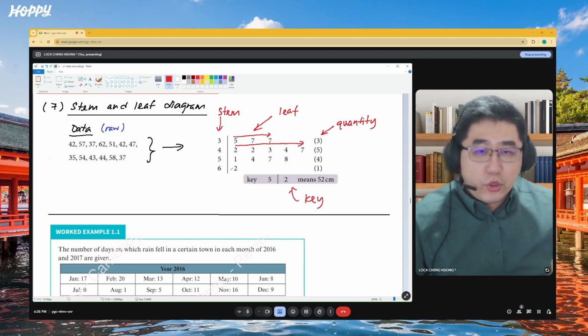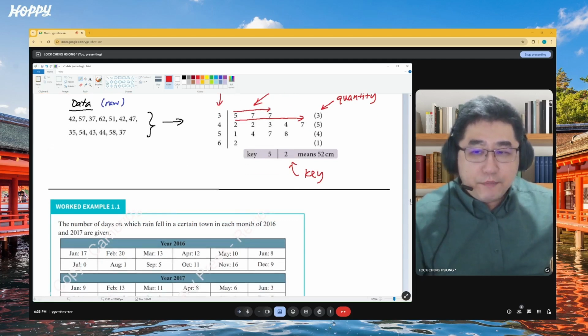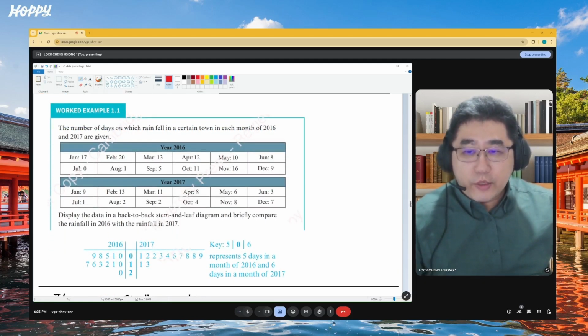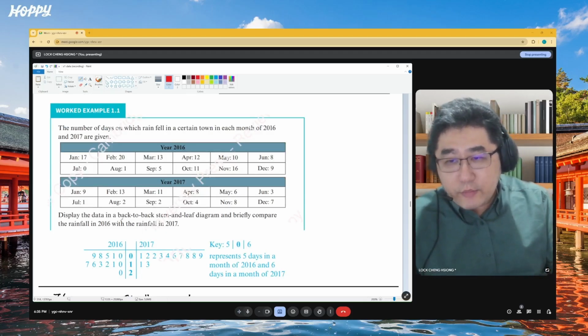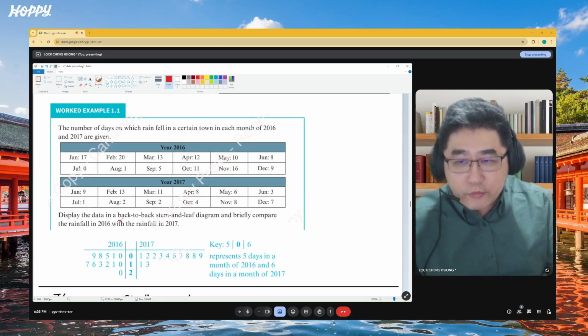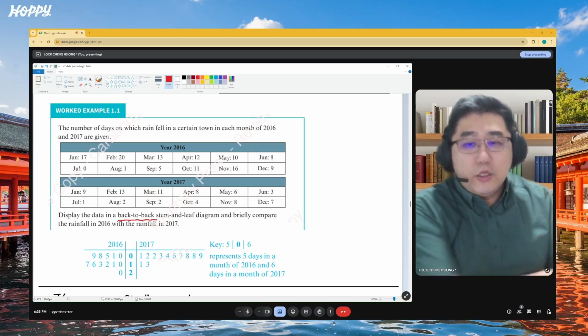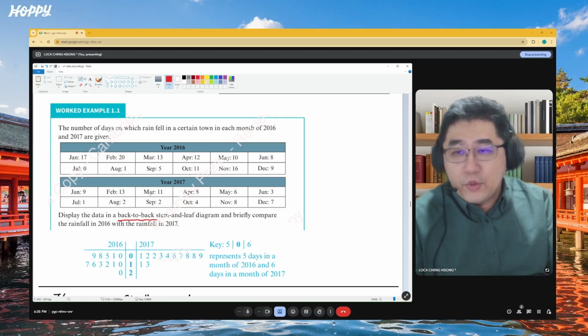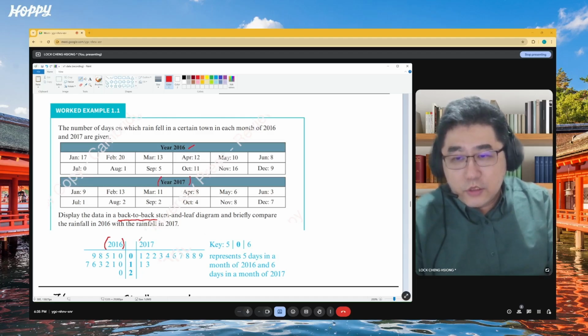Okay, you also can have example of a back-to-back stem and leaf. Back-to-back stem and leaf is, most of the time, for questions that ask you to do a comparison of the data. So you have the year of 2016 here, you have the year of 2017 here.